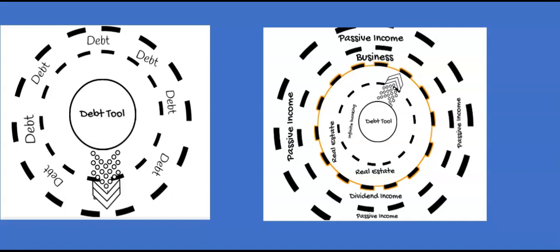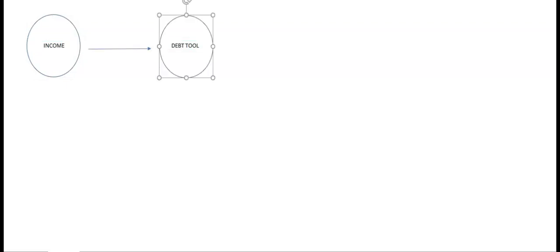So looking at the most simplistic view of it, we would have our income. Our income would go into the debt tool. Once you have chunked that debt, once you have that line of debt tool, it could be a line of credit, a HELOC, home equity line of credit, personal line of credit, or a credit card.